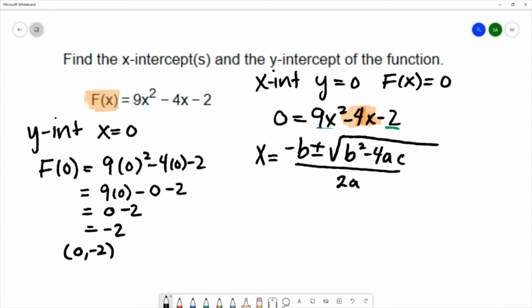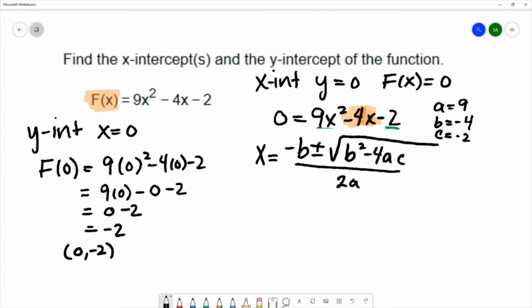A, B, and C are referring to the coefficients in my equation. So for this example, and every example, A will be the coefficient of your x squared term. So that's 9 for this example. B is attached to your linear term, which for this example is negative 4. And C is the constant, which is negative 2.